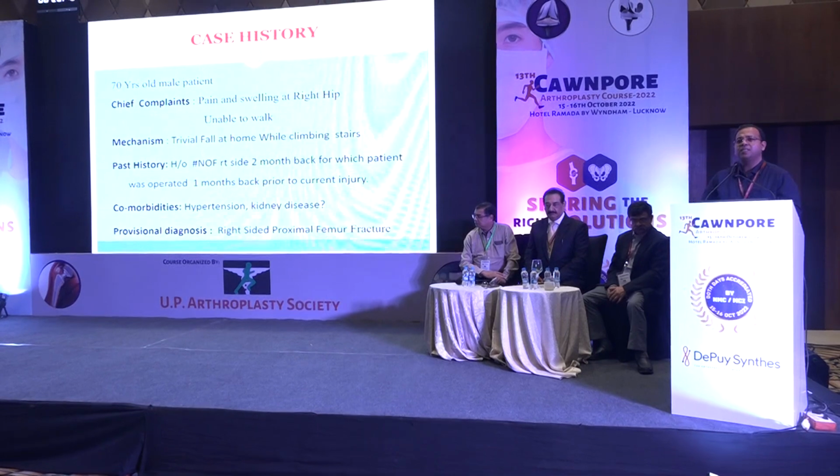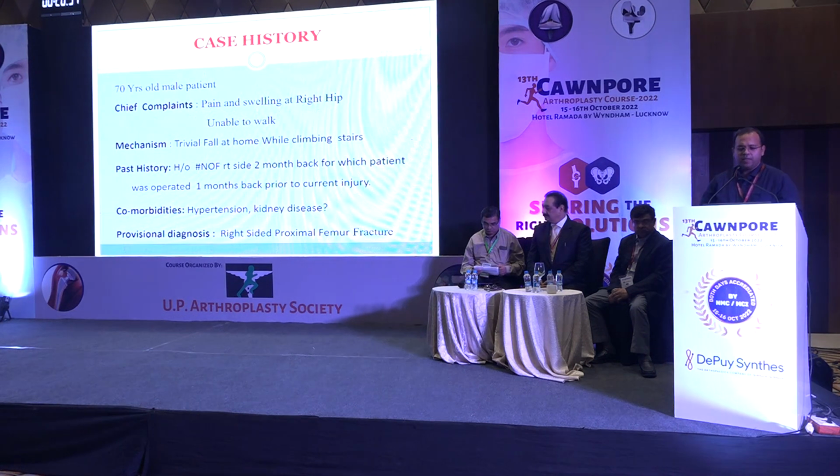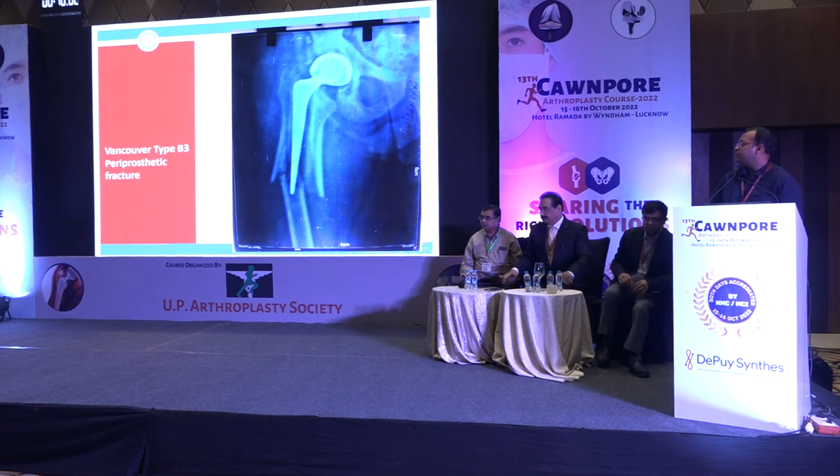He had a past history of neck femur fracture, which was undiagnosed for around 1 month, treated by some quack or somebody. And he was operated 1 month back for a normal bipolar. He had a lot of medical conditions. He had severe hypertension, he had kidney problems, and we made a right-sided diagnosis of proximal femoral fracture.